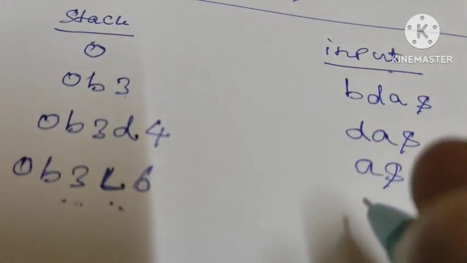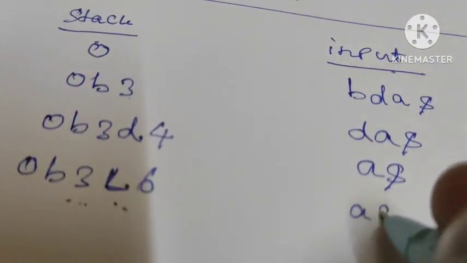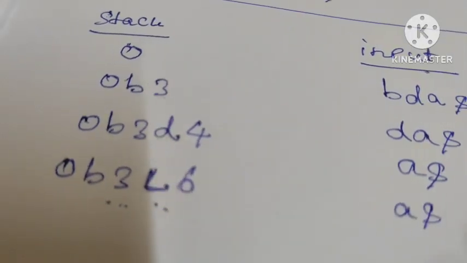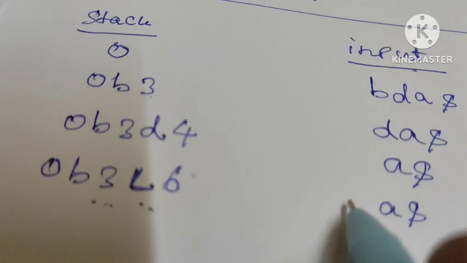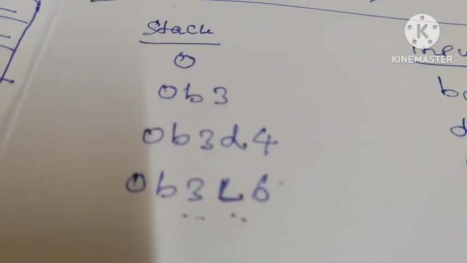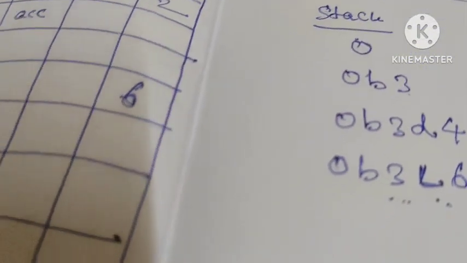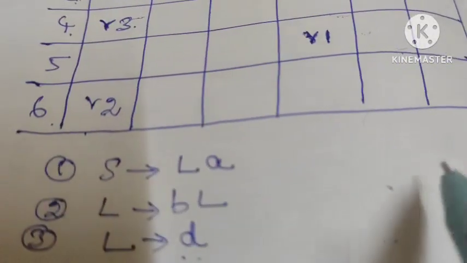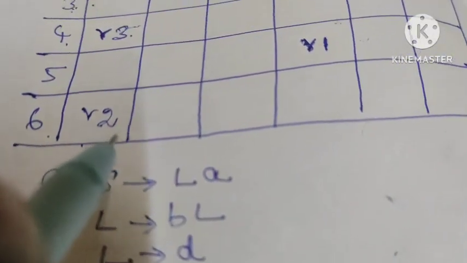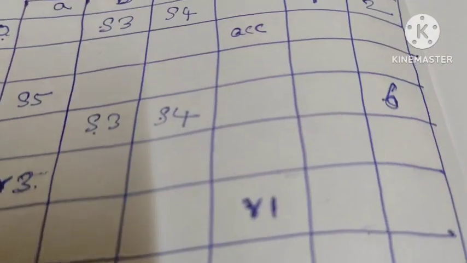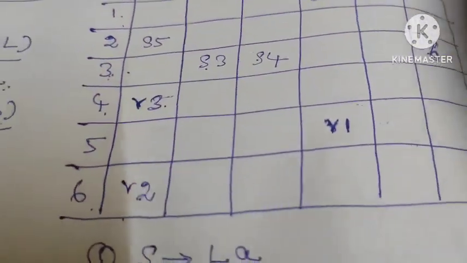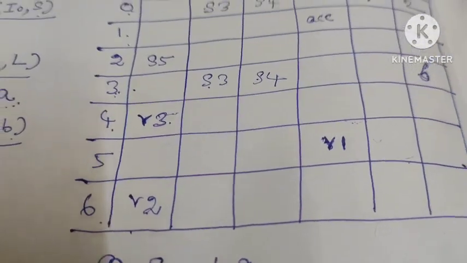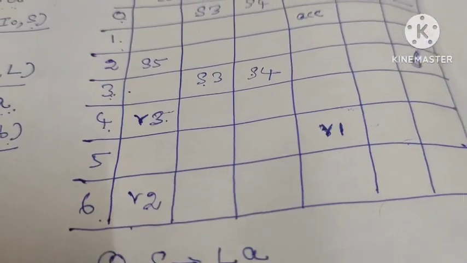Now what is there in the stack now? Input now, $A is the input. Now 6 and A. Now see here, 6 and A meets with R2, isn't it?